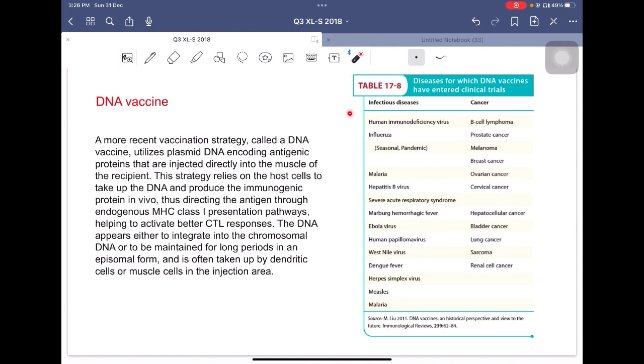These are some of the infectious diseases against which DNA vaccines are already being developed, like HIV, influenza, malaria, hepatitis B. I would also like to mention the recent pandemic, which occurred 2, 3 years back, the COVID-19 pandemic.